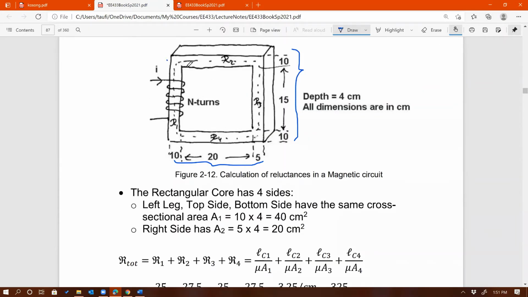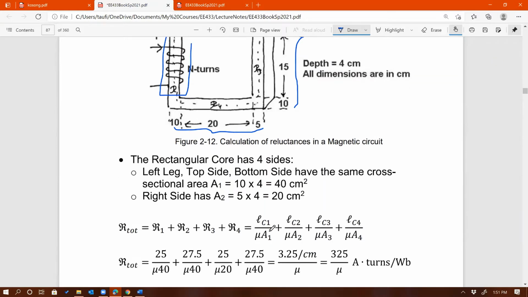That is our R1 right here. And so make sure that the length that you put in there corresponds to the mean path length of the segment on the left. And then also A1 corresponds to the cross-sectional area of the left segment of the core.